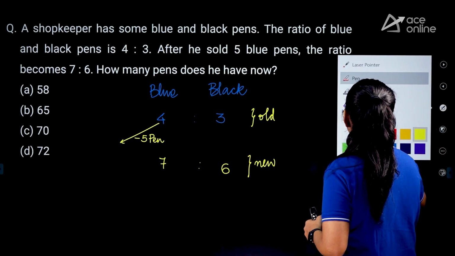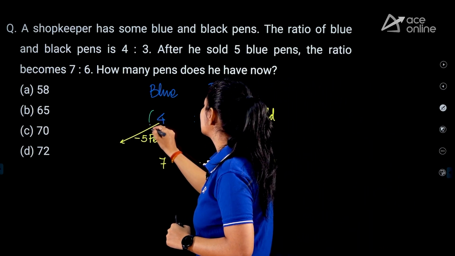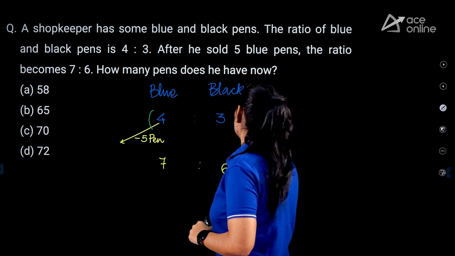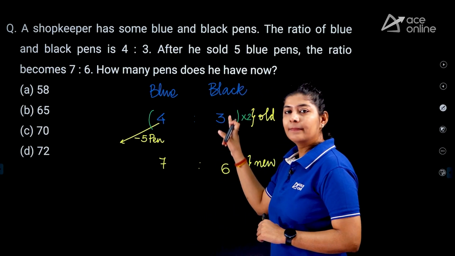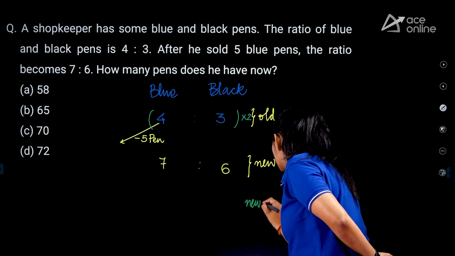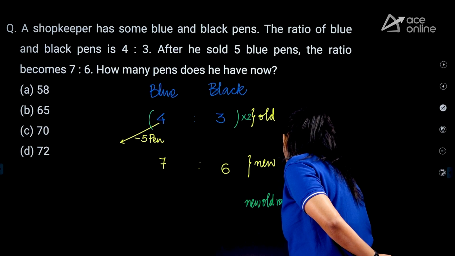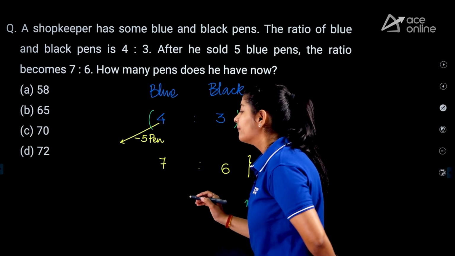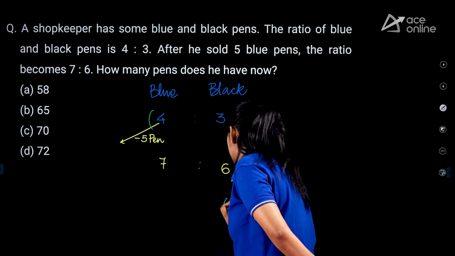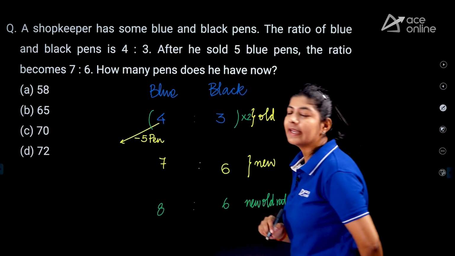To make these values equal, I simply multiply this particular ratio by 2 so that this value becomes the same. So the old ratio will become 6 and here we will get 8, right?